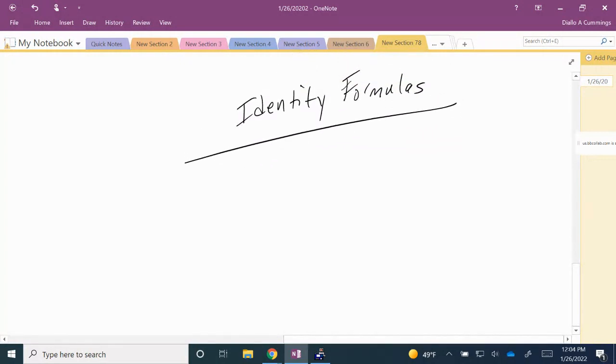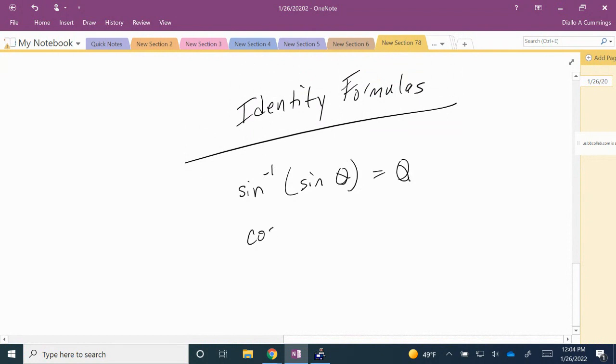But I'm going to write out these identity formulas. The first identity formula says that the arc sine of the sine of theta is equal to theta. Whatever theta is, if you're taking the arc sine of the sine of 30 degrees, that would equal 30 degrees.